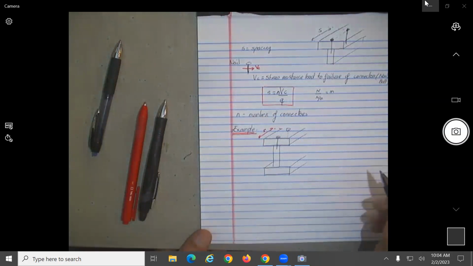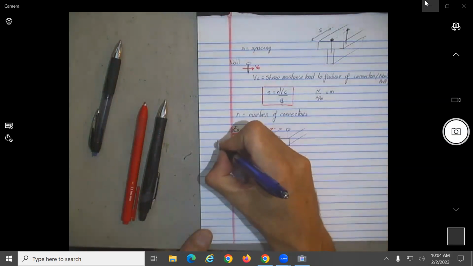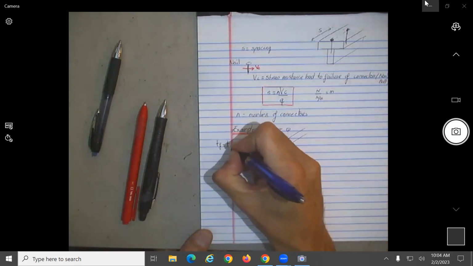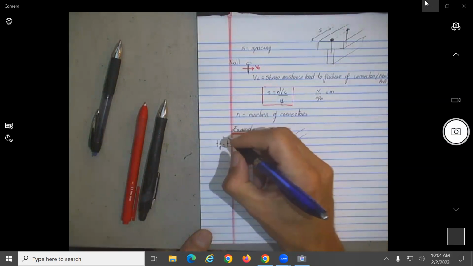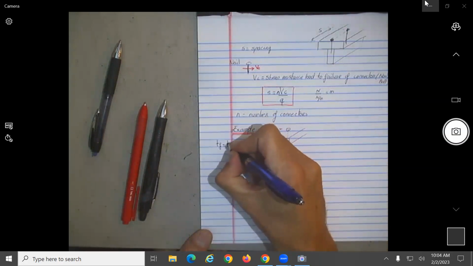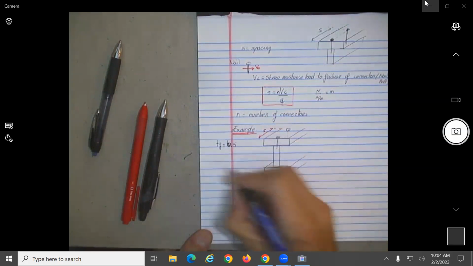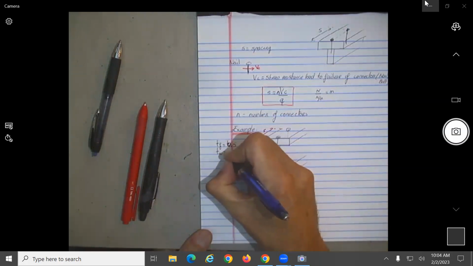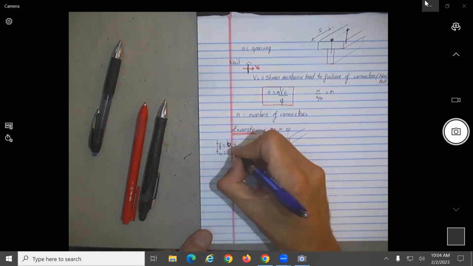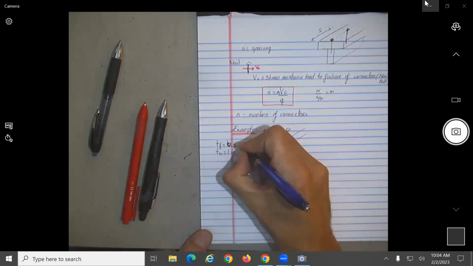So here they tell us that the thickness of the flange is equal to 0.5 inches. Thickness of the web will be 1 inch. So 0.5 inch, 1 inch.